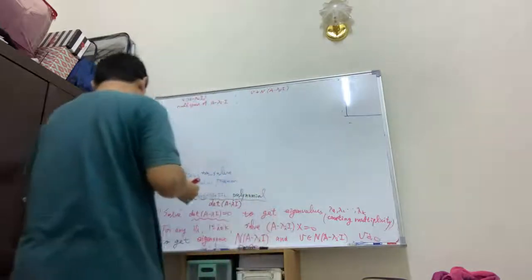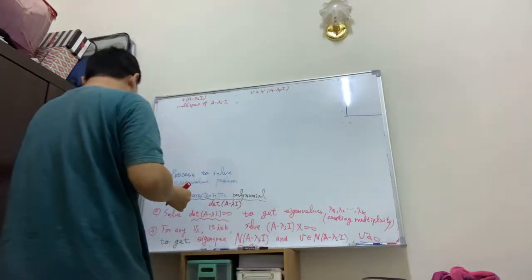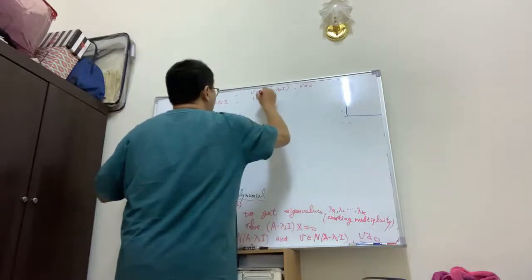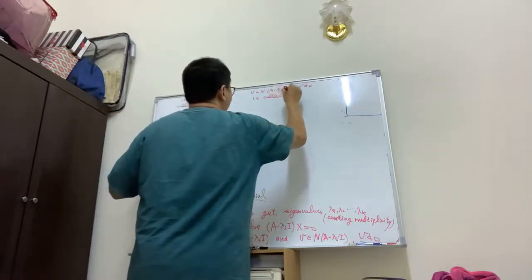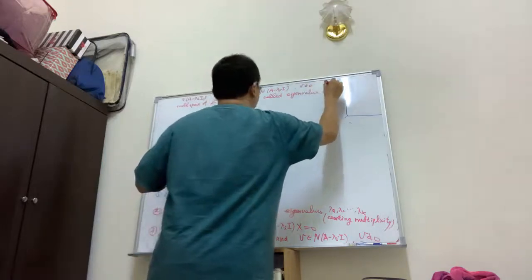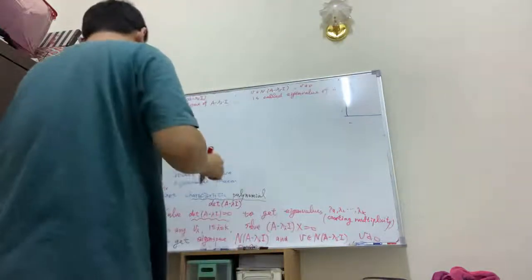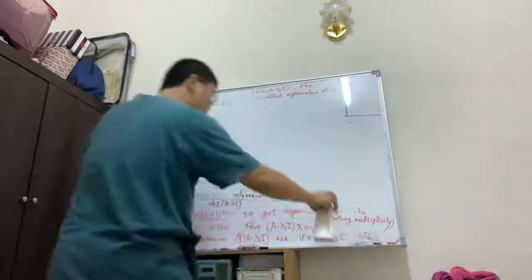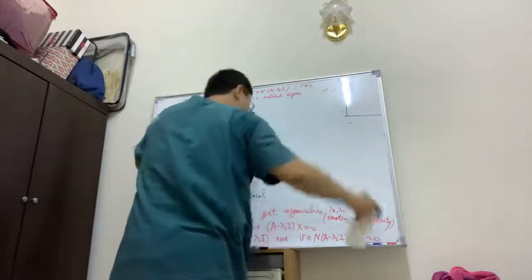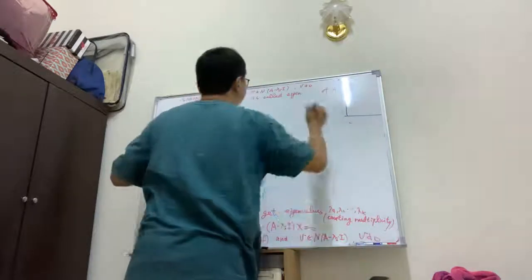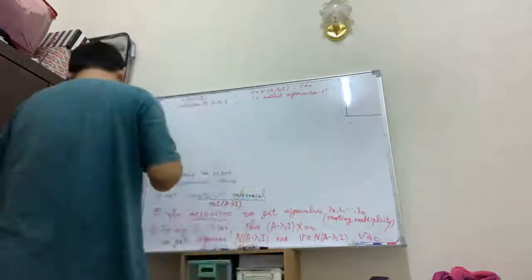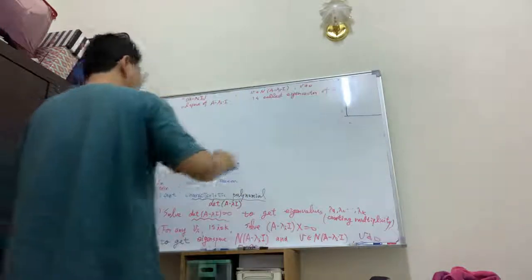The vector v belongs to its null space. We call v an eigenvector of A belonging to the eigenvalue lambda.